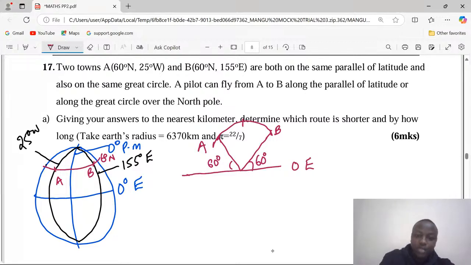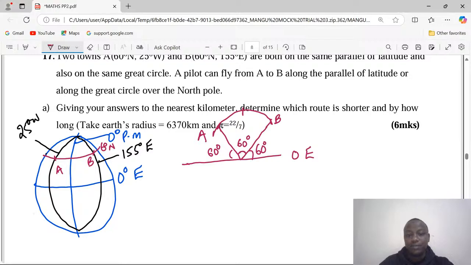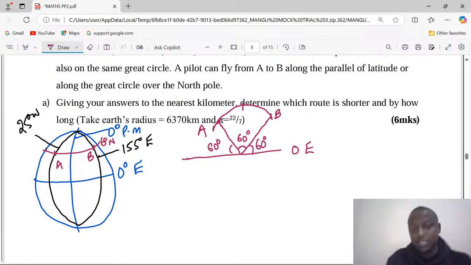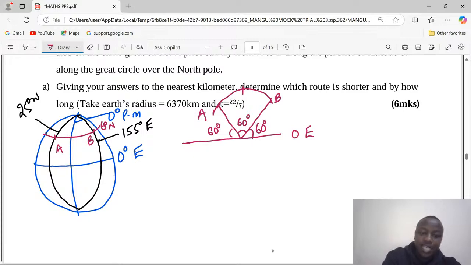So for this path, the angle at the center is 60, and the radius is that of the whole sphere, 6370 kilometers.